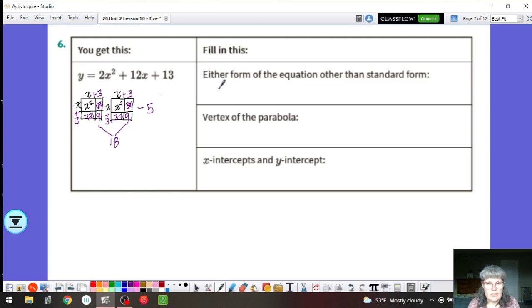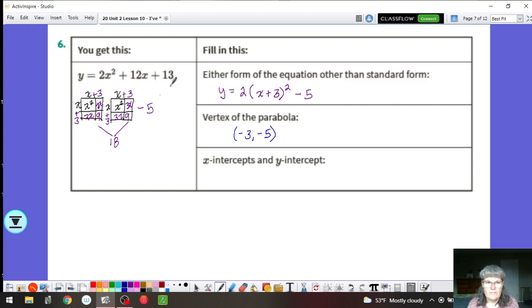So my vertex form is y equals, I have 2 squares, so that's 2 times x plus 3 squared minus 5. And now that I have my vertex form, I can identify my vertex, -3, -5.